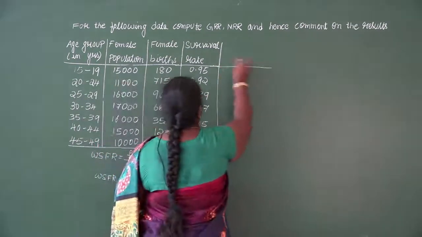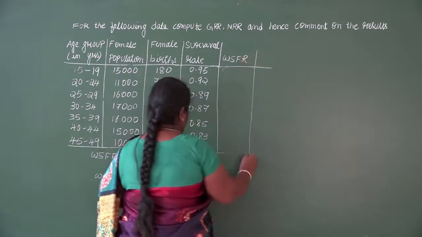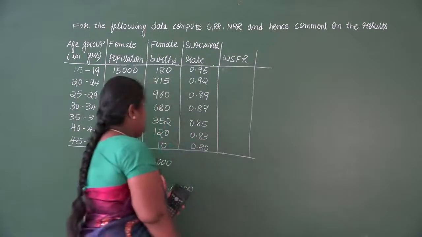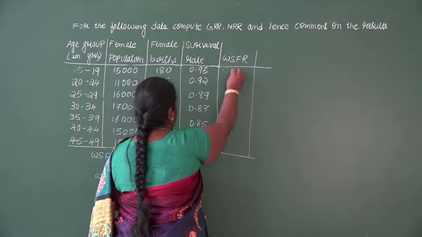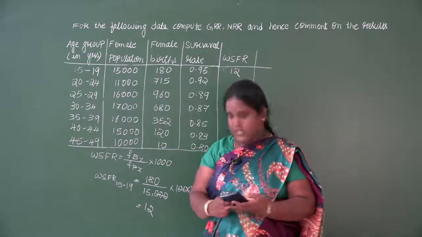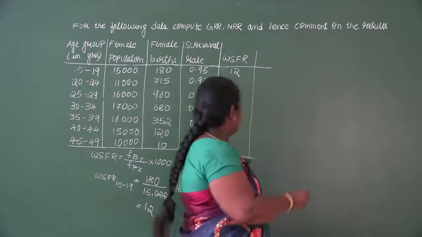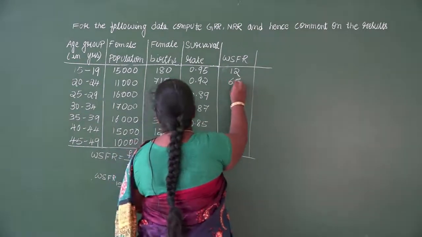So write that WSFR value. WSFR for the age group 15 to 19 is 12. For the second age group, it is 715 divided by 11,000 into 1000. It is 65.